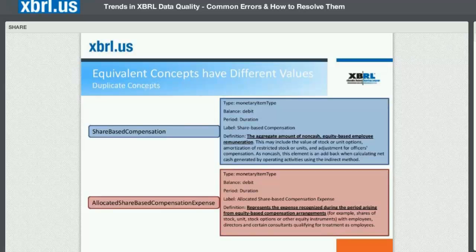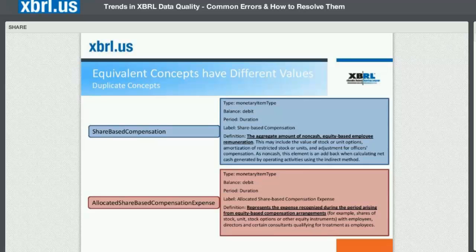If we go to our next slide, we should see a real example of that. Share-based compensation and allocated share-based compensation expense. When you look at these elements and their attributes and their definition, they are in substance the same exact concept. Allocated share-based comp expense back in 2009 was only for G&A.